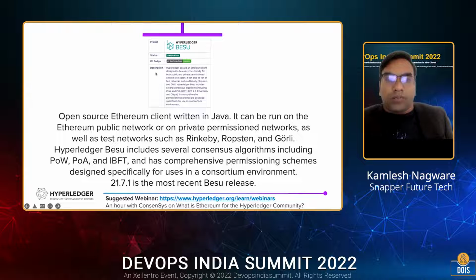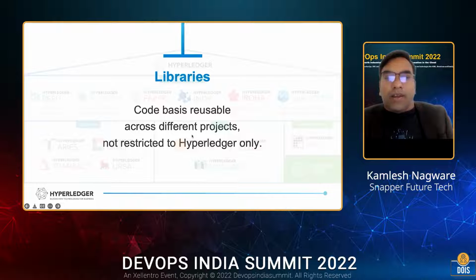Besu is an Ethereum client written in Java to connect to the Ethereum public blockchain, and it can also create your own blockchain network with customized algorithms like proof of work, proof of authority, and IBFT. These are the top DLTs in the Hyperledger Foundation, which come with the complete set of features any blockchain has, like smart contracts, governance, consensus, and ledger.